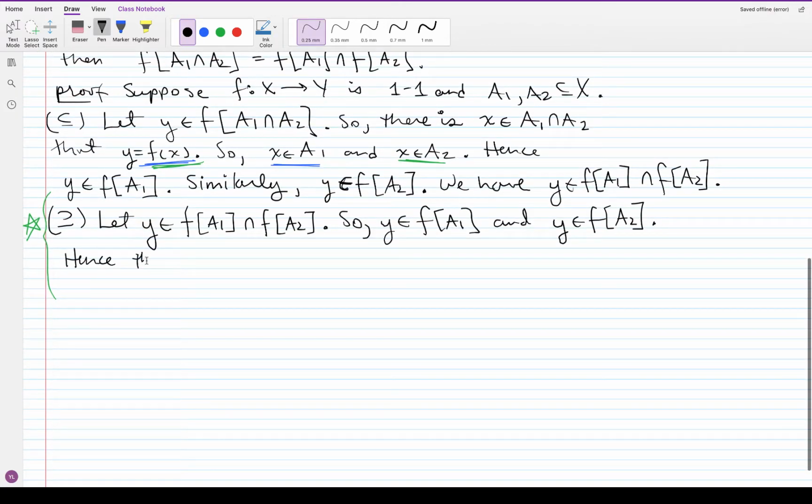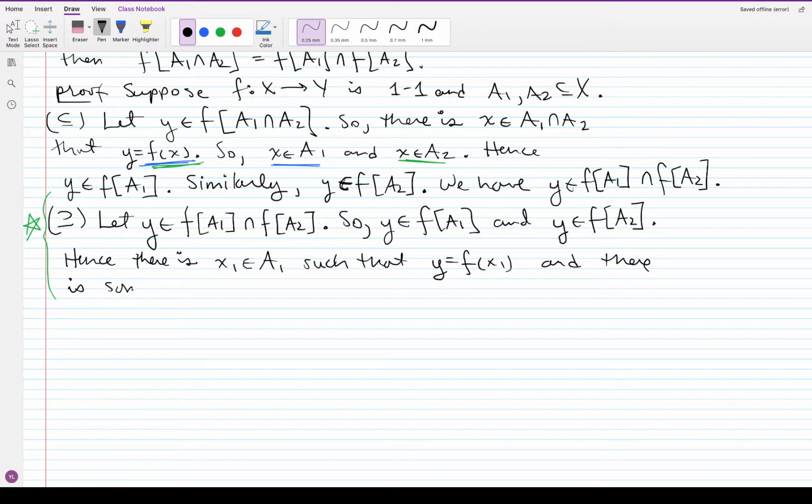Hence, there is x1 in A1 such that y equals f of x1, and there is some x2 in A2 such that y equals f of x2.